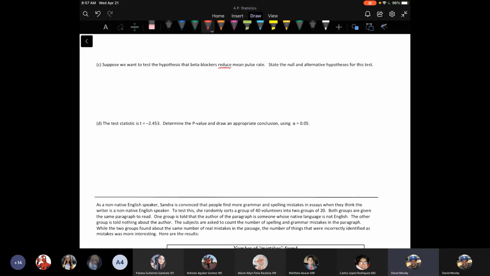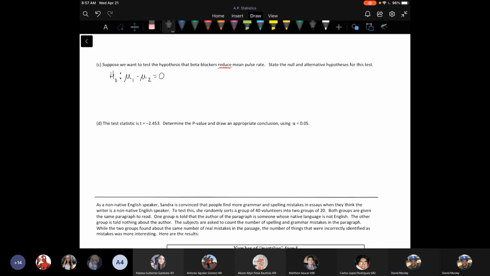So the null hypothesis would be that the difference is 0. They're the same. Right? It does not reduce the mean pulse rate. So we would have mu1 minus mu2 equals 0. That would be the null hypothesis.